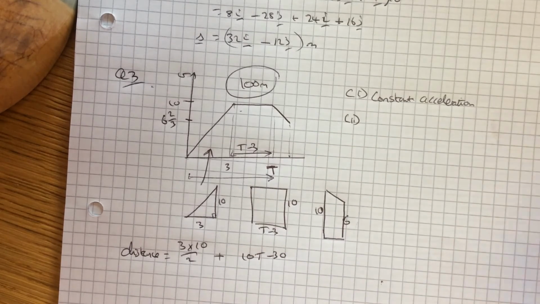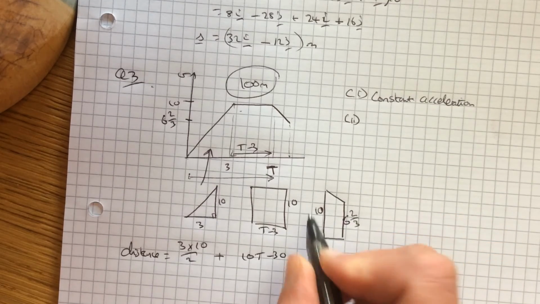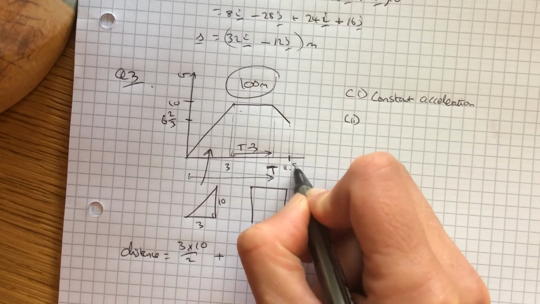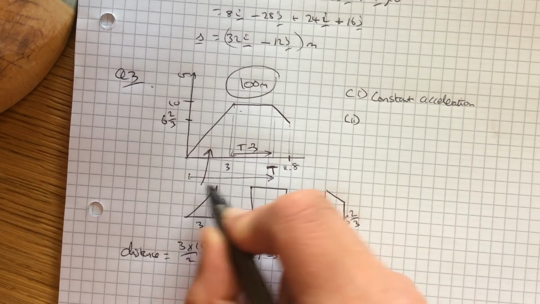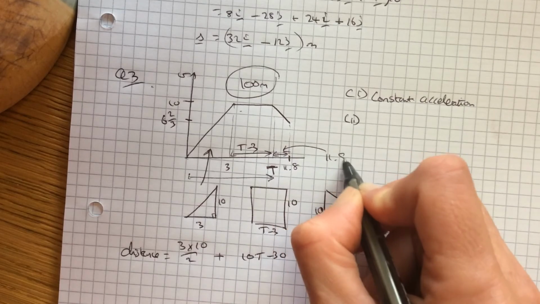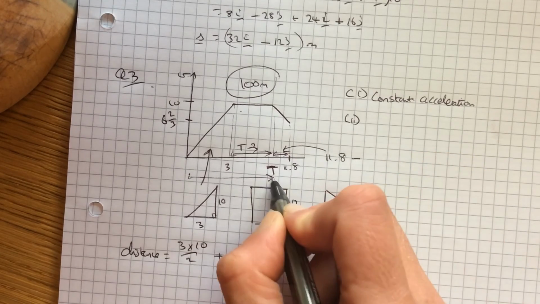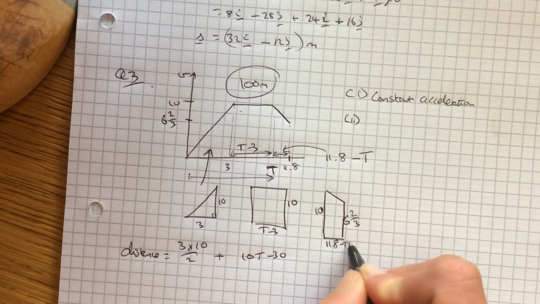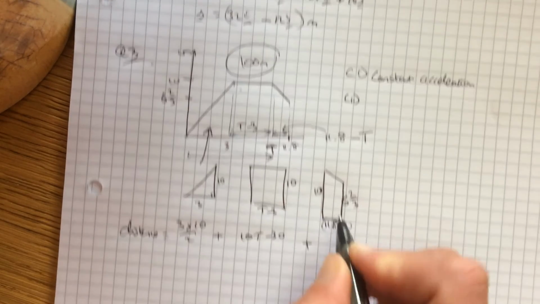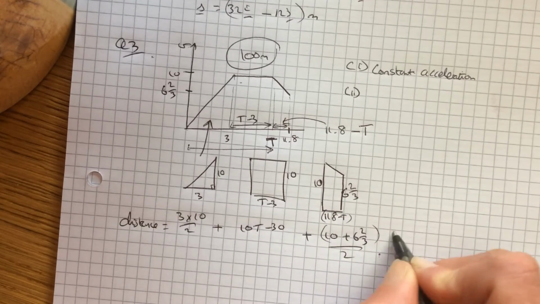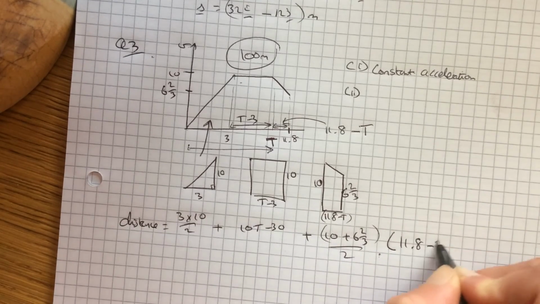And looking back at the question, because I need more clues here, it says the total time is 11.8 seconds. So the whole race was 11.8 seconds. So this bit in here is going to be 11.8 seconds take away t. So how do you find the area of a trapezium? You add the parallel sides, you divide by 2, and you times it by the distance between them.